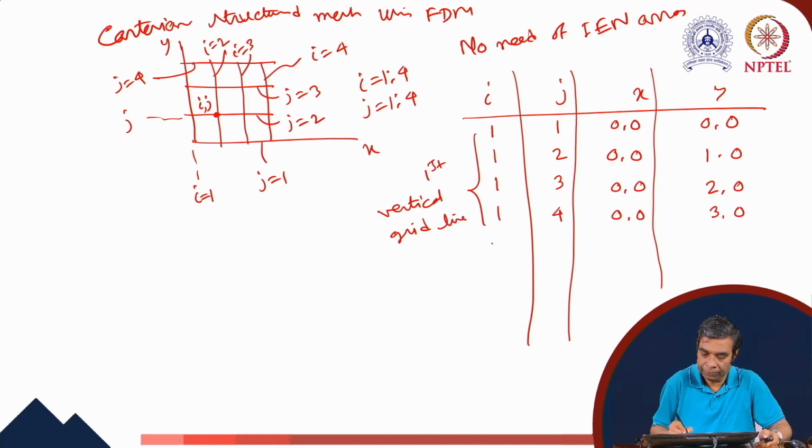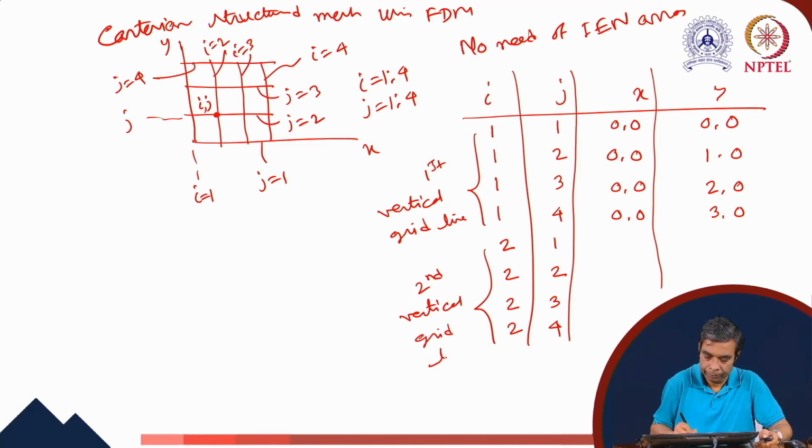Once this is done, then we move for I equals to 2. So next case is I equals to 2 and j is varying from 1 to 4. So the second vertical grid line. So when we go for the second vertical grid line, then our delta x is assigned to x values. This is constant.